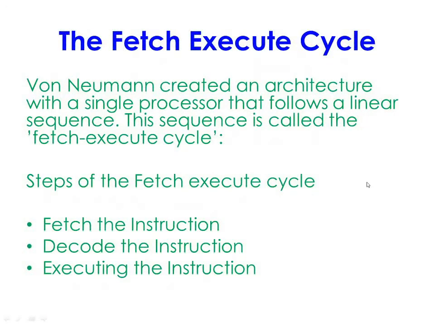Now let us discuss the fetch execute cycle. Von Neumann created an architecture with a single processor that follows a linear sequence. This sequence is called the fetch execute cycle. There are 3 steps included in this cycle: fetch the instruction, decode the instruction, and execute the instruction.